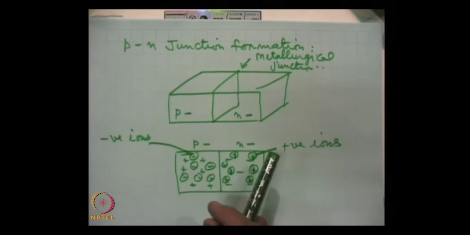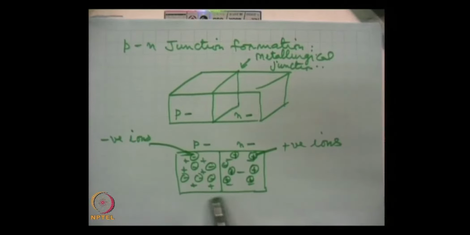This diffusion will not occur if there is no structural continuity in the semiconductor. That means, if we take a p type crystal separately, n type crystal separately, and just glue them together, then this diffusion will not occur because the physical barrier will be so high that it will totally stop the diffusion processes.